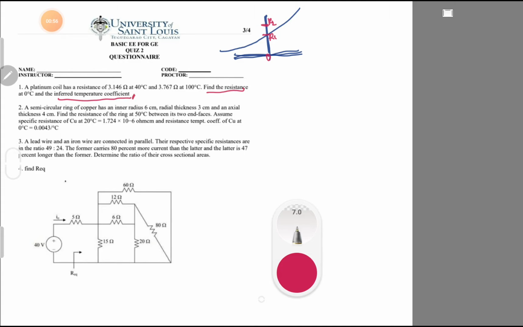Actually it should just be the inferred temperature, but since there are coefficients, let's take that as A0. It doesn't specify any particular temperature, so I will assume that it is at A0. So how will we solve this one?